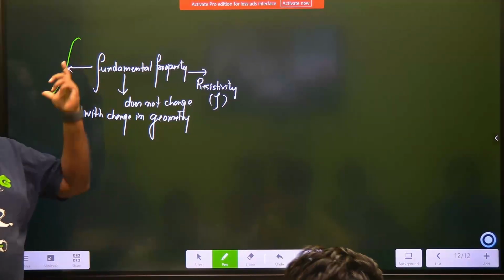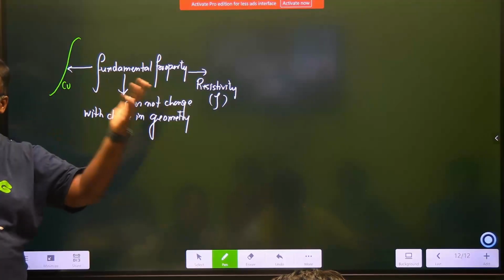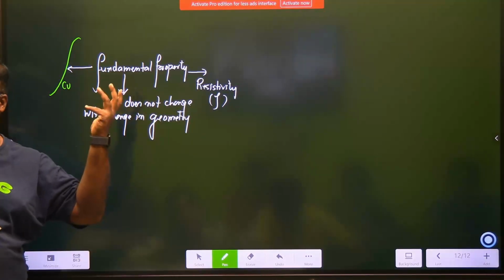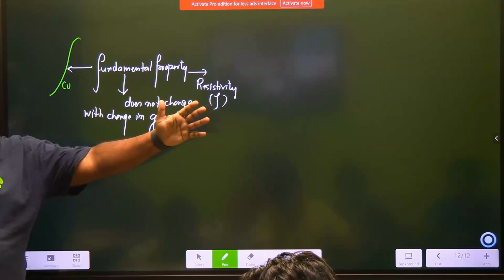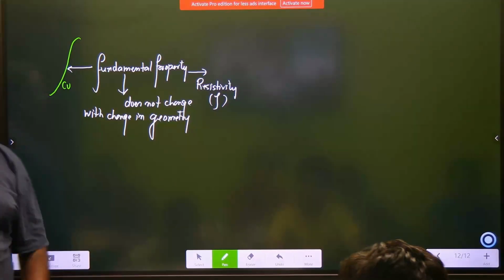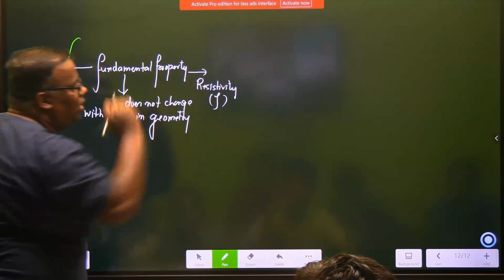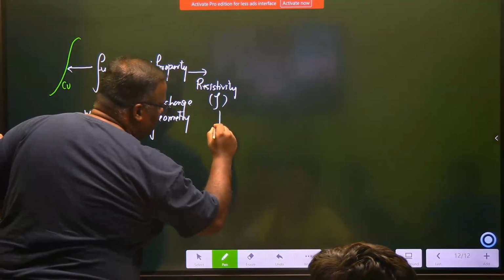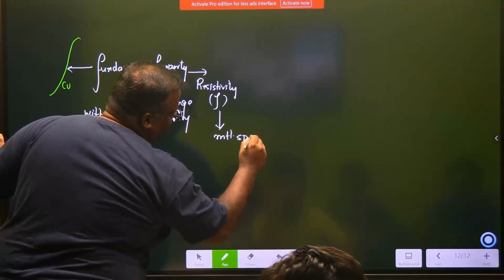Whether this was a 1 meter wire of copper with A cross-sectional area, a half meter copper wire with B cross-sectional area, or a big drum of copper, or a billet, you know the word billet? Billet is something like slabs, like staircase slabs, cuboidal slabs. We use it in metallurgy, or a billet of copper. This value will never change. So can I say that this is material specific?